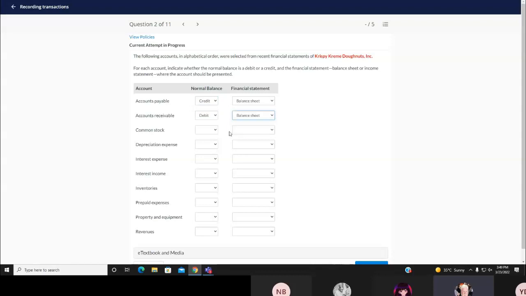Common stock, credit, good. Balance sheet, good.